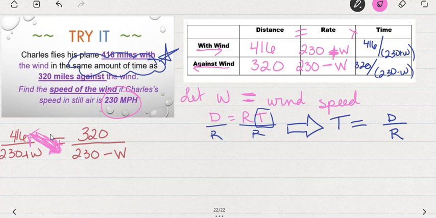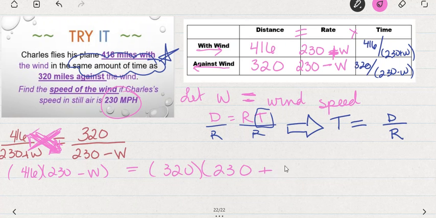So we multiply across: 416 times 230 minus W is equivalent to 320 times 230 plus W. Now we just have a simple linear equation. We're going to distribute the 416, distribute the 320, and solve for W.